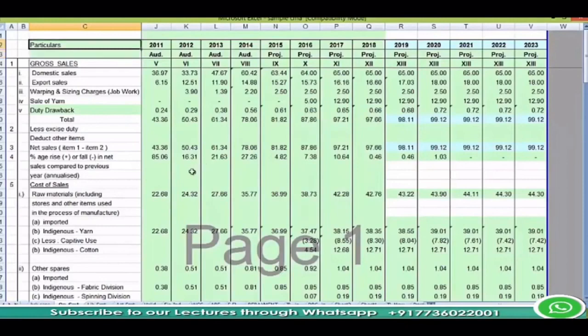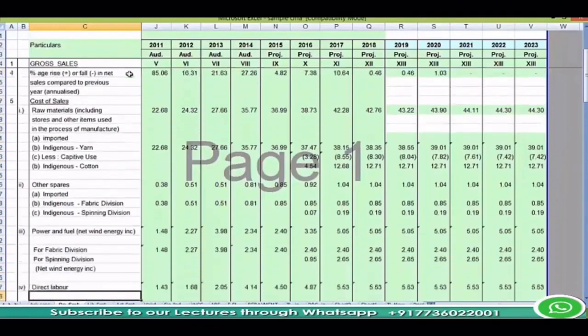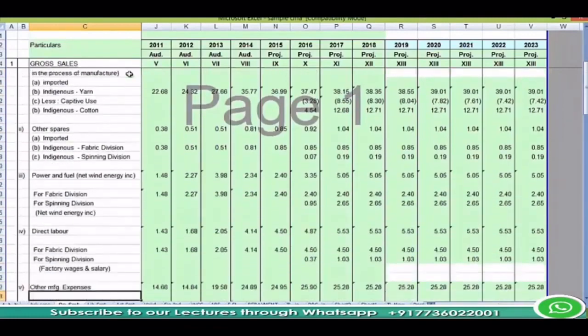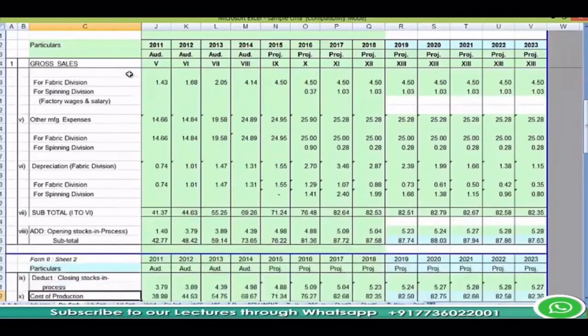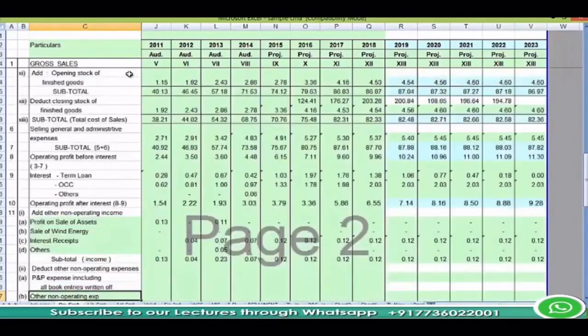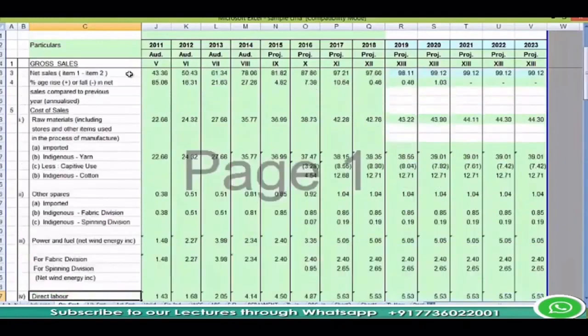This sheet is called operating statement here. So note here OPSMT. This sheet is called operating statement. This sheet will capture information for the past years as well as for the future, all related to income and expenses of the business. So this sheet basically captures the information from the profit and loss statement of the customer as far as the auditor is concerned, and as far as the future is concerned, it is dependent upon the data that is furnished by the customer.